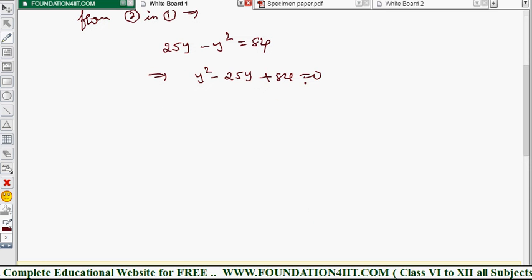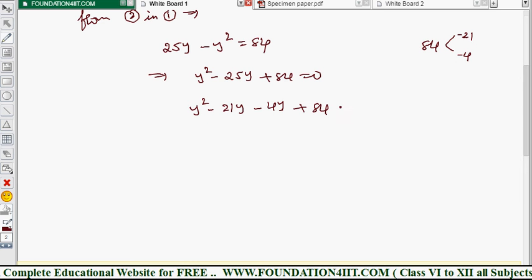Then factorizing 84: take 84 and make it into two parts. If you multiply, 84 should come, and if you add, the middle number should be minus 25. So 21 times 4 is 84, and minus 21 minus 4 is minus 25.